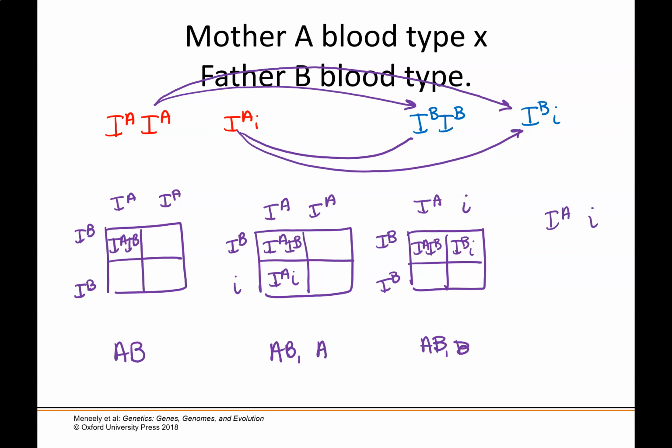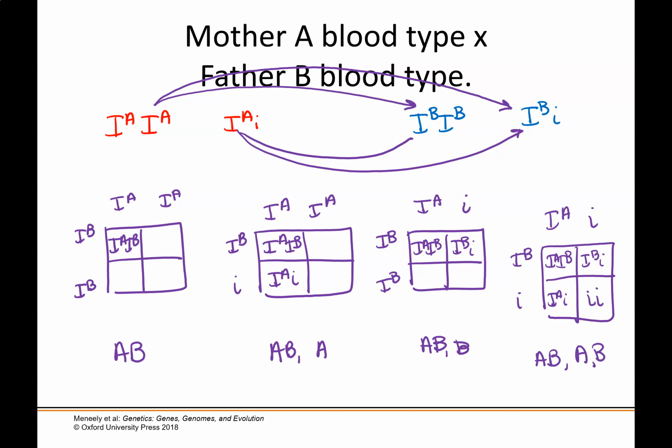So IA, IB, I. Now in this case, we get all four options. We can get AB, we can get A, we can get B, or now we can get O types.